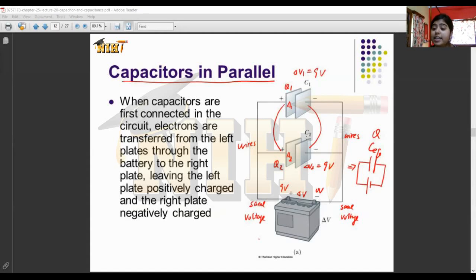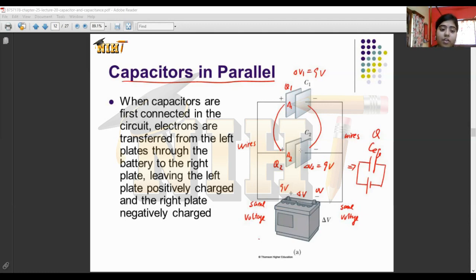You can clearly see that C1 and C2 are connected in parallel. The left side plates are connected with the positive terminal of the battery, and the right side plates are connected with the negative terminal of the battery. Q1 is the charge on capacitor 1, and Q2 is the charge residing on capacitor 2.